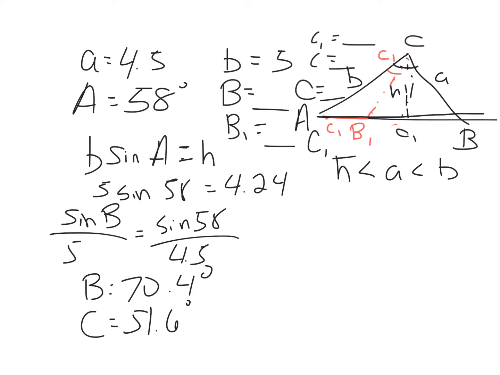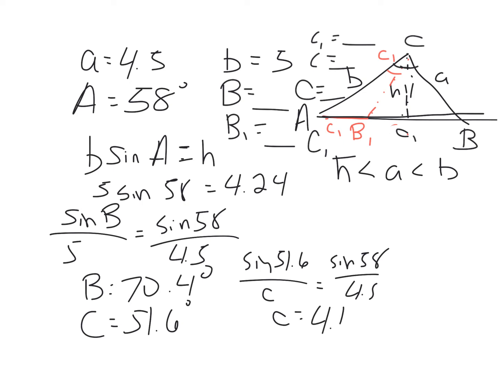And then lowercase c: sine of 51.6 over lowercase c, we don't know the opposite side, equals sine of 58 over 4.5, which gets us lowercase c of 4.16 feet.